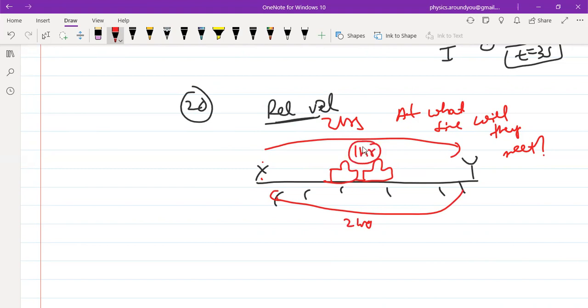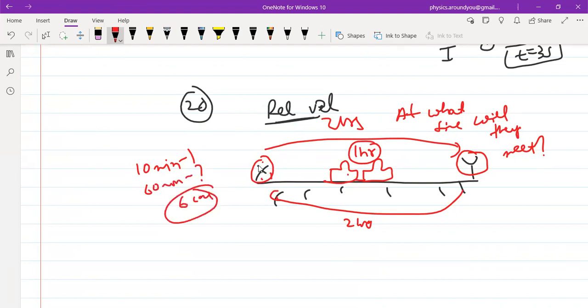In this 1 hour, how many cars have come from X and how many cars have come from Y? Well, 10 minutes, one car. So 60 minutes, how many cars? Six cars.